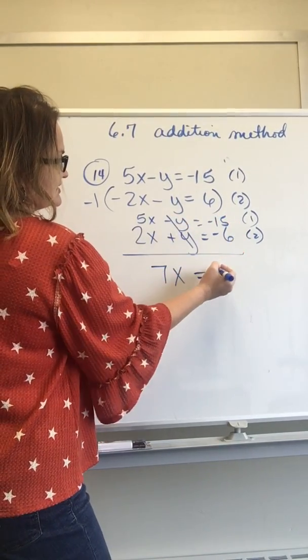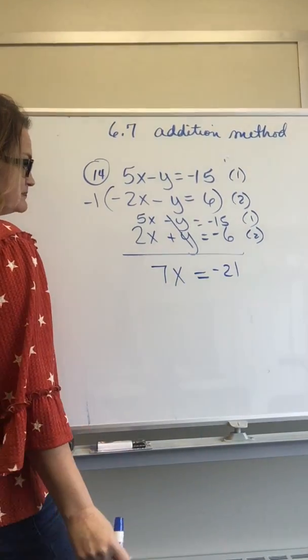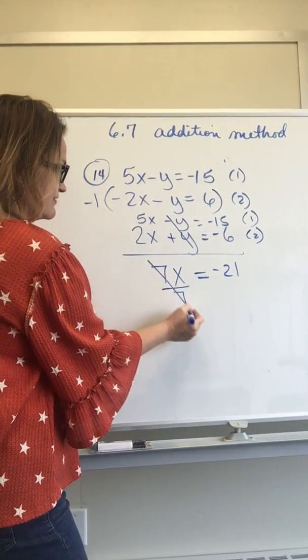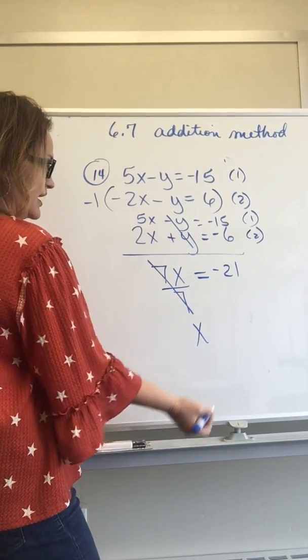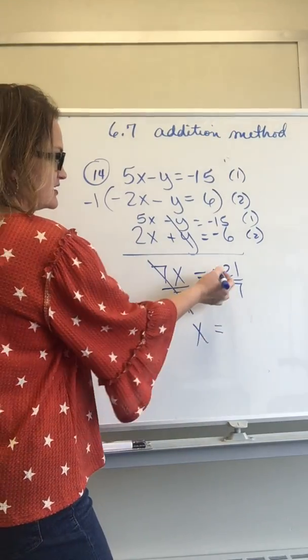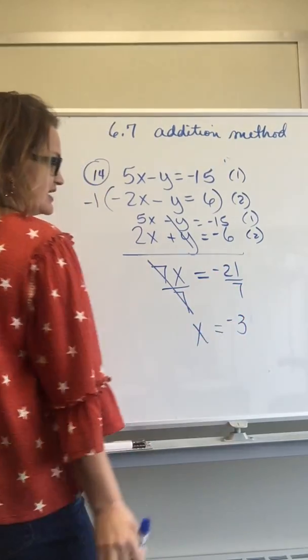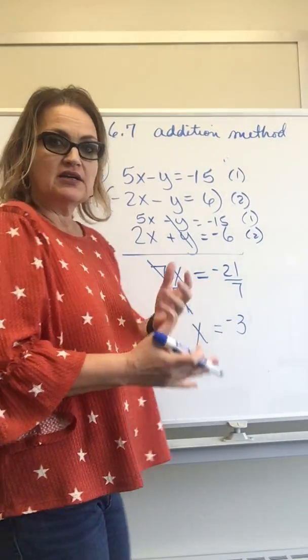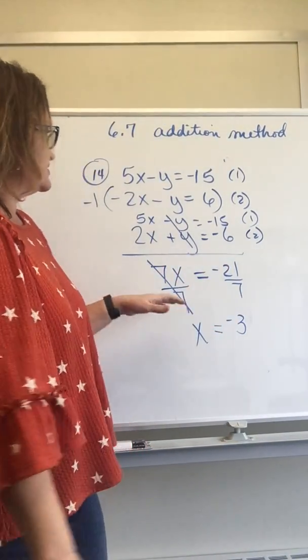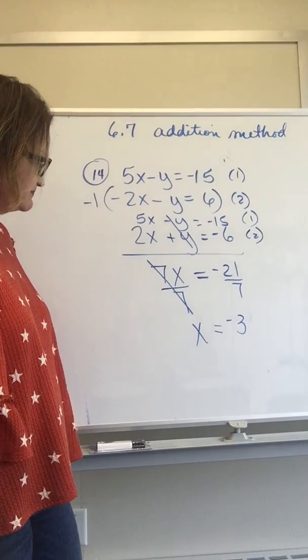Negative 15 and minus 6 is negative 21. Now I have a solvable equation that I can divide by 7. 7x divided by 7 makes just 1x. Do the same thing to this side, divide by 7. Negative 21 divided by 7 is negative 3. There's one of my solutions I need. You know, I need an x and a y, a coordinate that solves both of these equations.